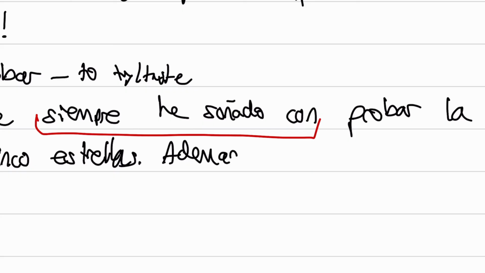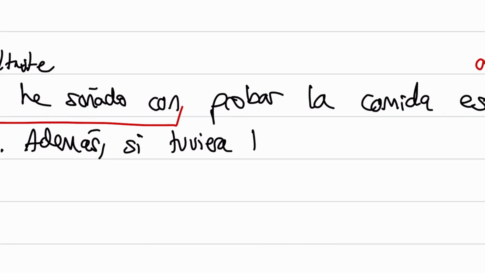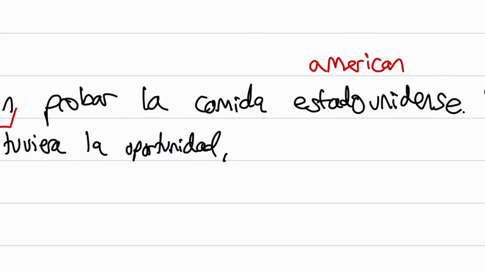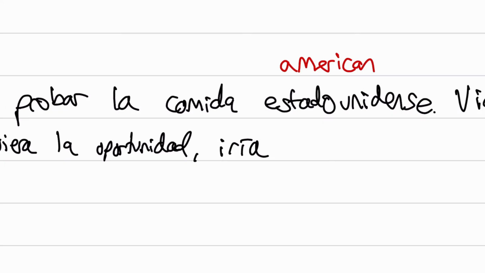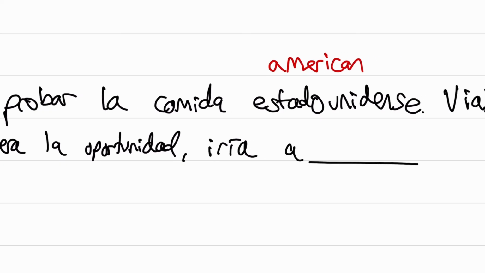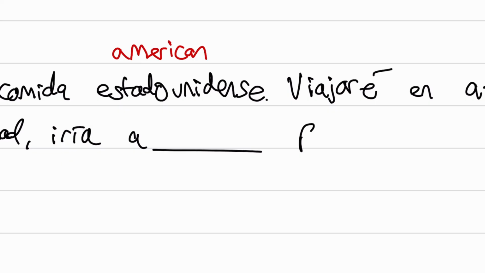Además, si tuviera, if I had the opportunity, la oportunidad, I would do something. We can use the conditional tense here. I'm going to say I would go. Iría a some country. Para is your way of showing purpose.